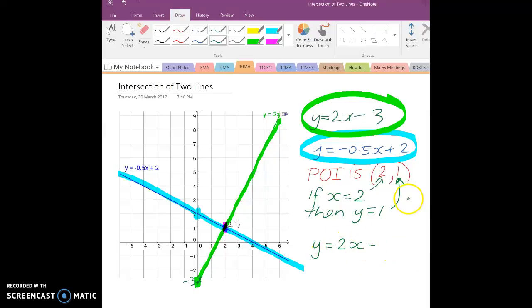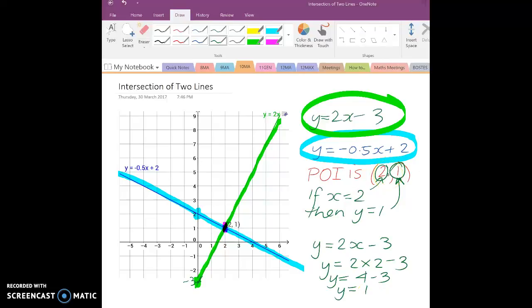Oops, I said 3 and I wrote 2, 3. So let's have a look. Yep, the 2 for x, and let's see if we get the 1 for y. Y equals 2 times 2 minus 3. Well, that means y equals 4 minus 3. Yep, y equals 1. It does work, see?